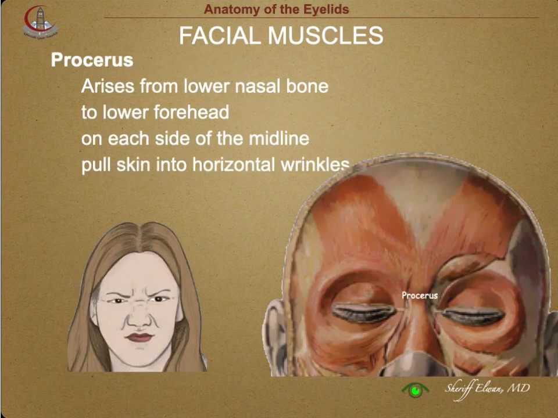And then we come to the procerus muscle, which arises from the lower nasal bone and attaches to the forehead skin on each side of the midline. And in this configuration and attachments, it has the function of pulling the skin into horizontal wrinkles in between both eyes.